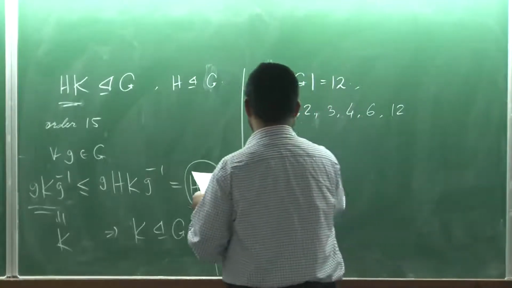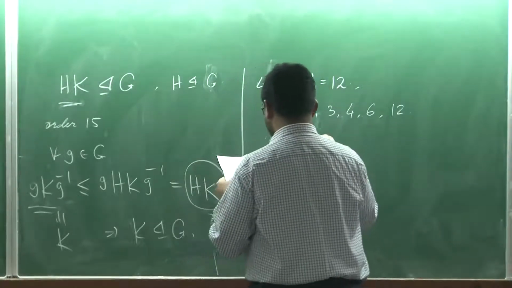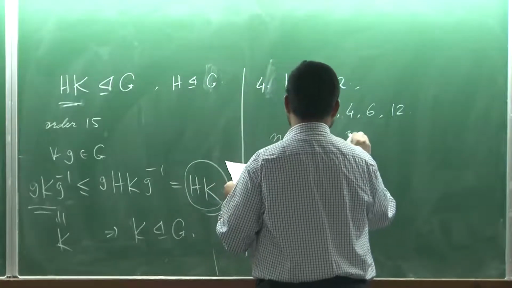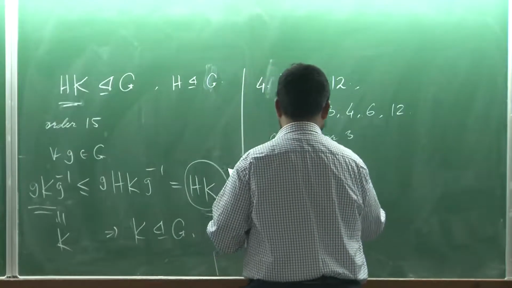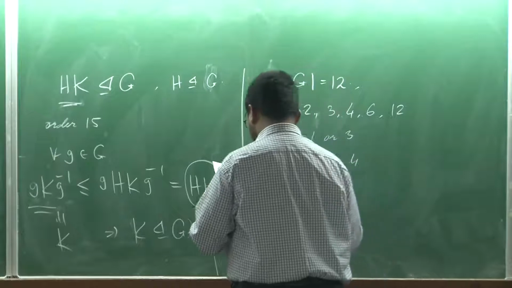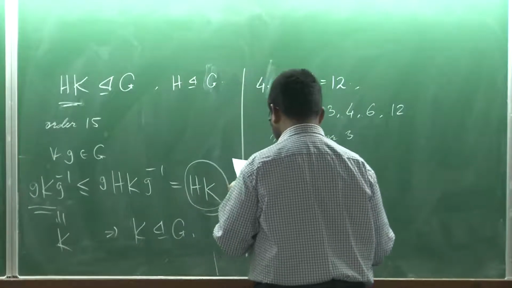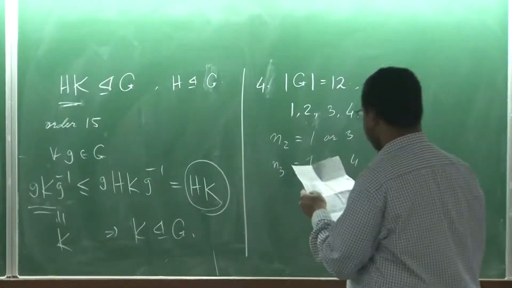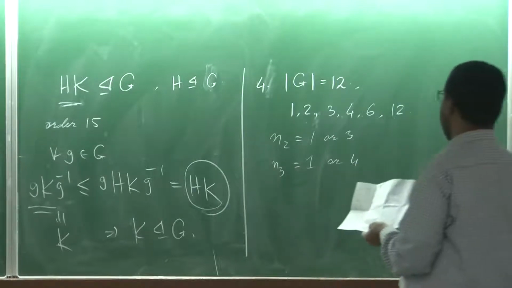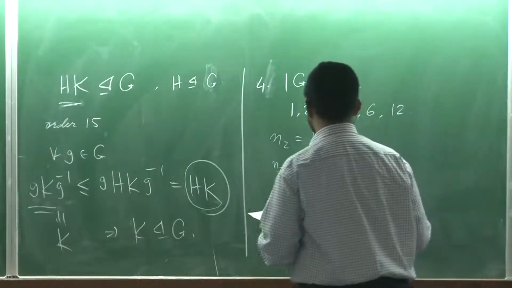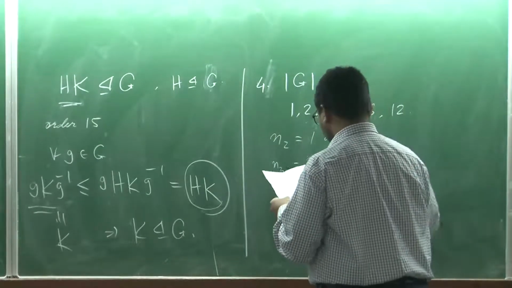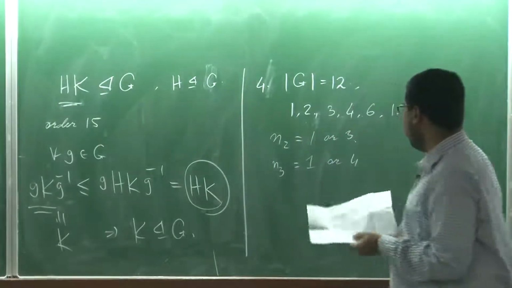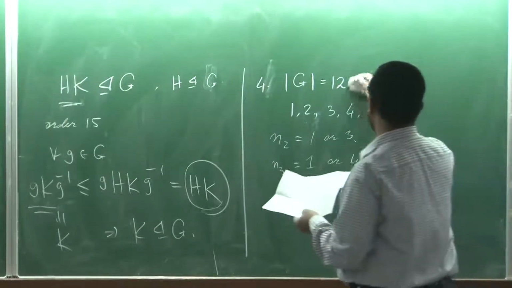So what are the possibilities? For n2 the possibilities are 1 or 3, for n3 the possibilities are 1 or 4, because we only have these 2 primes. Now again as usual we can show that these 2 things cannot happen together, because this is 4 into 3.